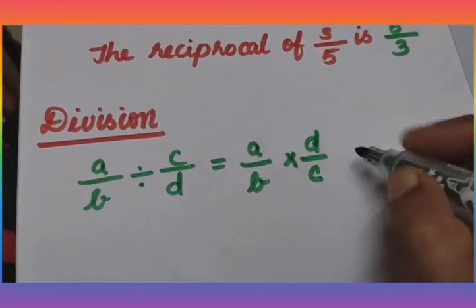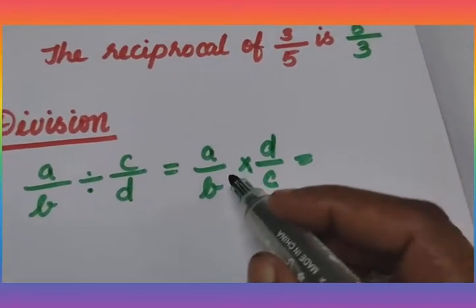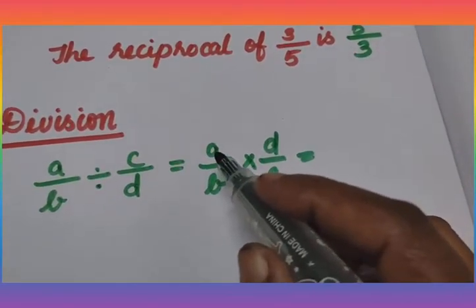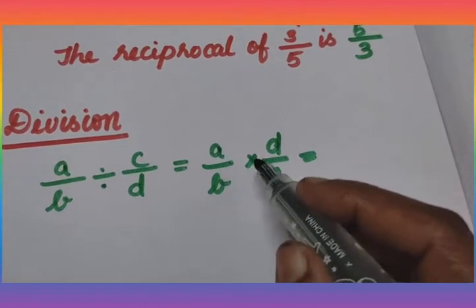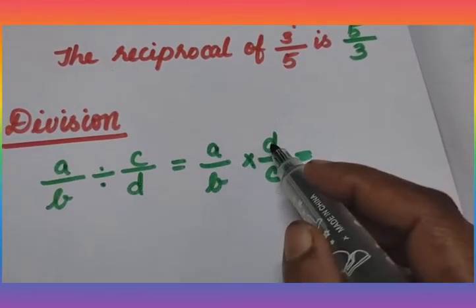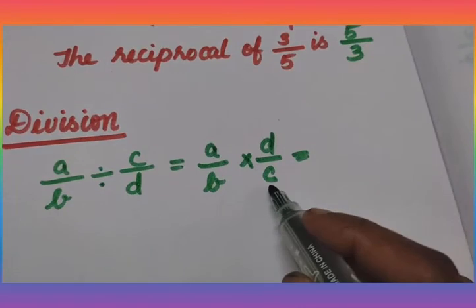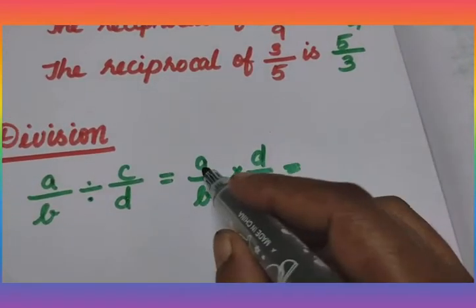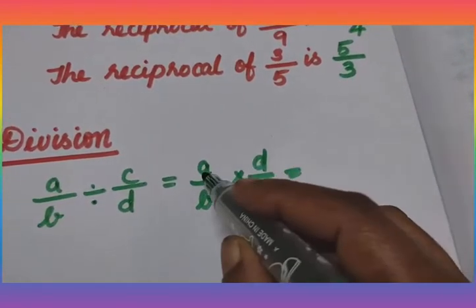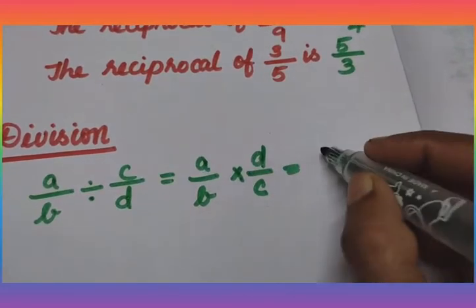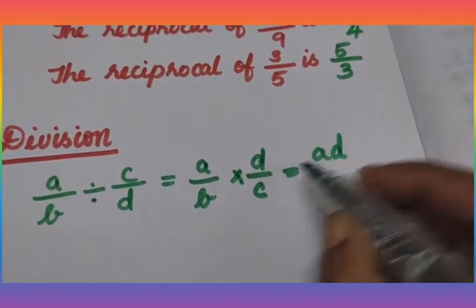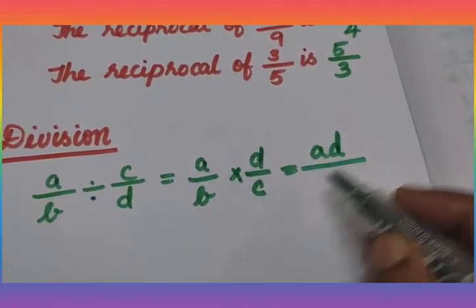Now we study multiplying two rational numbers. Multiply the numerators separately and the denominators separately. So a into d, the numerators are a and d, the product of a and d is ad.